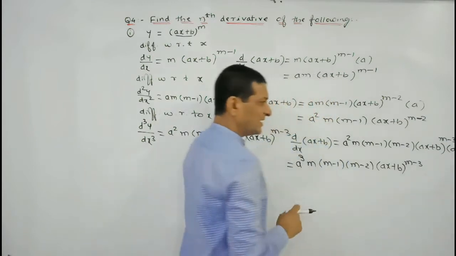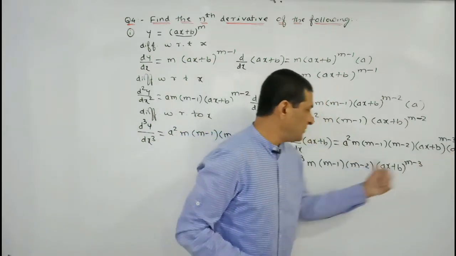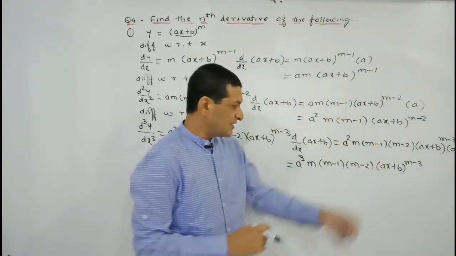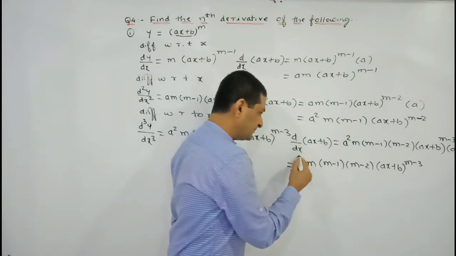Keep it as it is, and the derivative of this term is a. So a square into a will become a cube, and keep the remaining terms as they are. A cube is here.